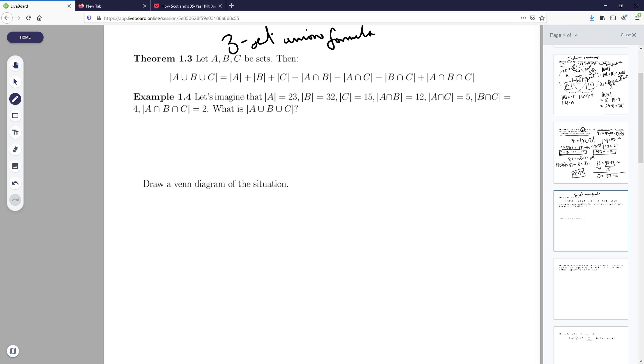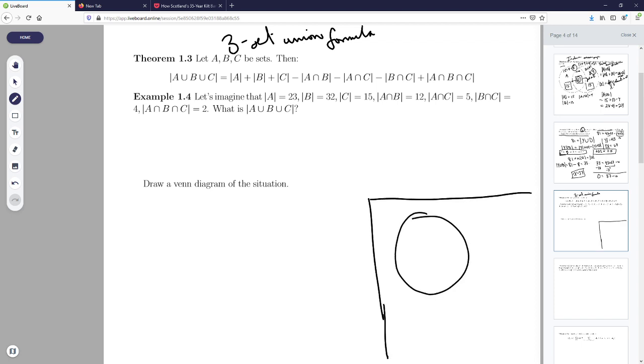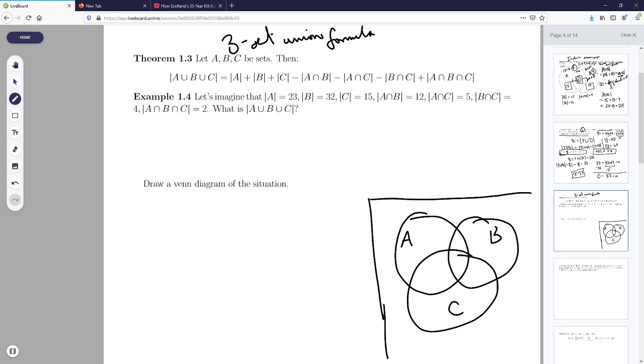You see that the three-set union formula is very similar to the two-set union formula, except it has some extra terms. So let's prove the three-set union formula. I like the proof because it's simple.